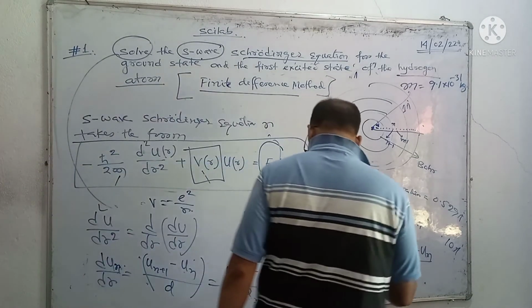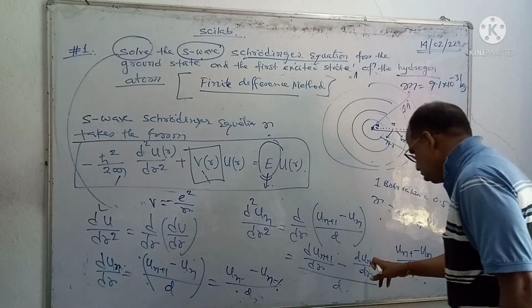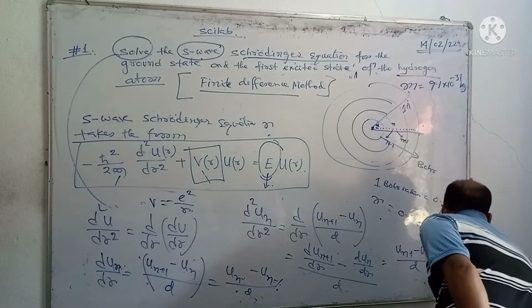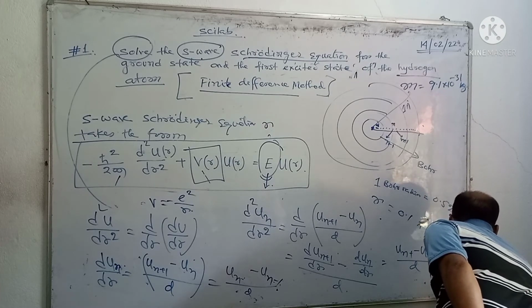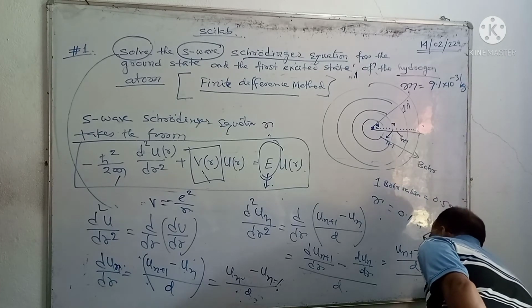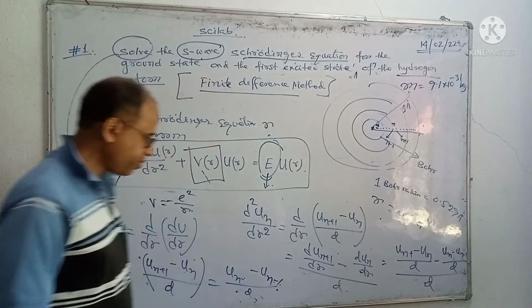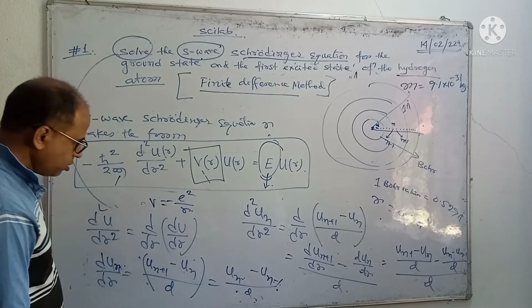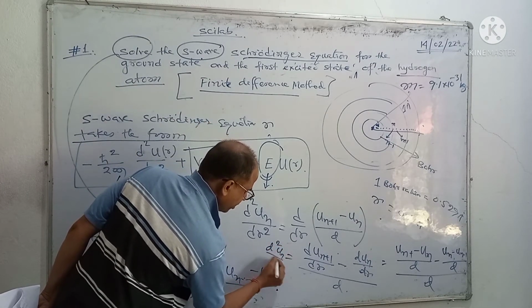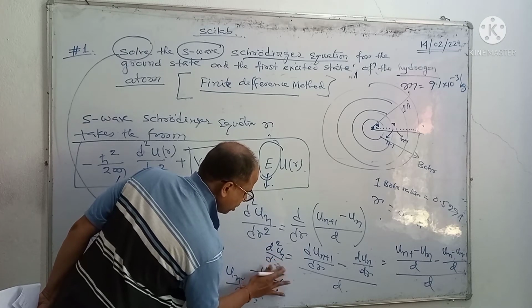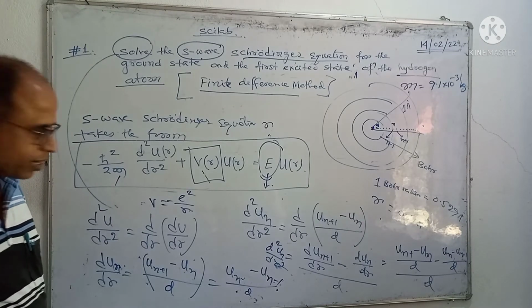Therefore, write minus un minus 1 by d divided by d. This is d2un by dr square, right?